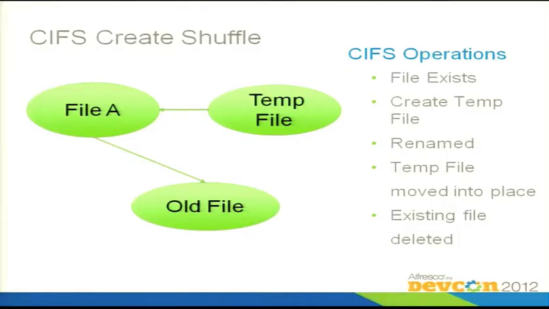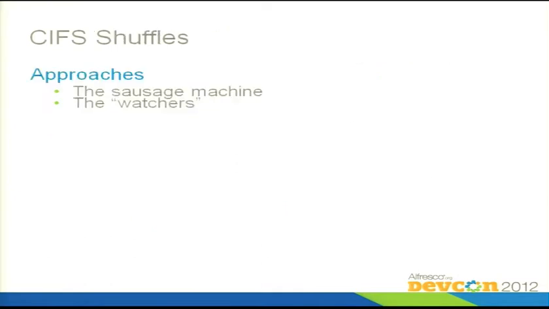I've mentioned the create shuffle at the beginning, when we have a file and it's shuffled with a temp file and an old file. So that's what I'm talking about with a shuffle. We designed two possible approaches. The first approach for dealing with shuffle was the so-called sausage machine.